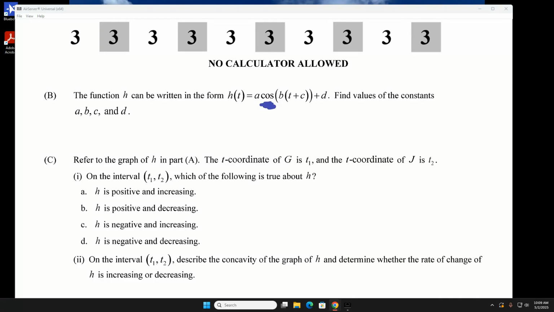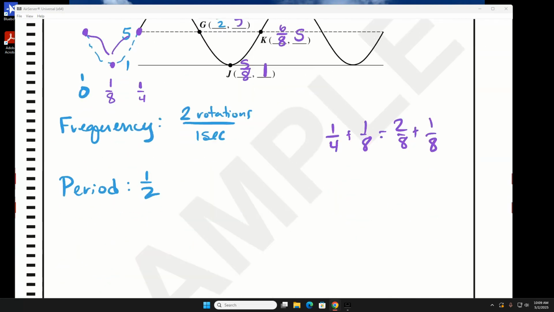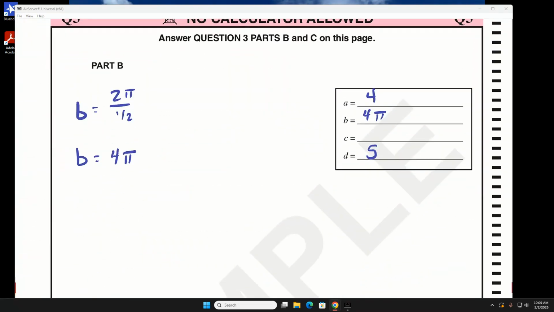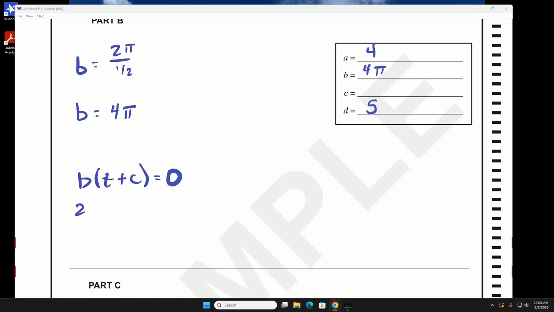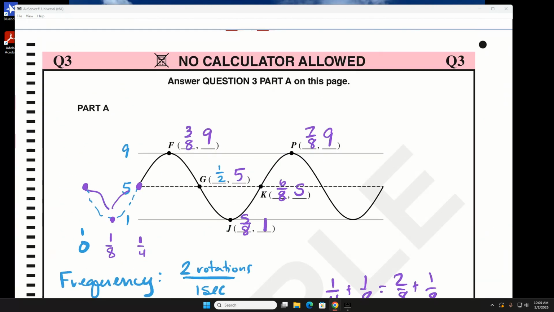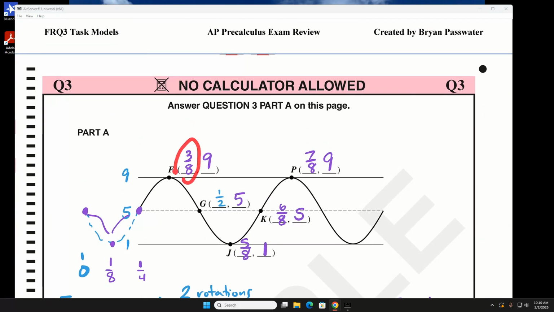So we're going to take B times T plus C. And what are we going to set it equal to? 0, because it's cosine. And then we're going to put in our B, and for the T, we're going to put in the first maximum. That happens at T equals 3/8.